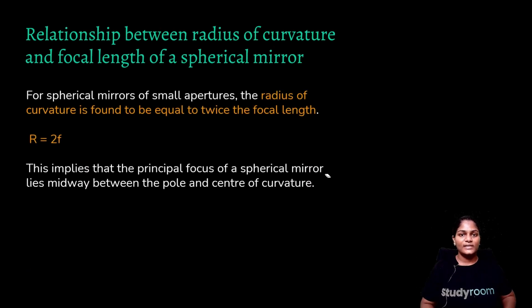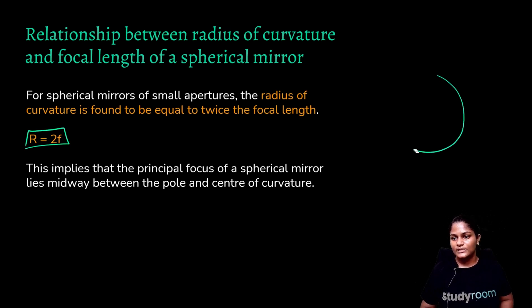Now, this is a very important and simple relation that you have to remember between the radius of curvature and the focus. Say that this is the sphere and this is the radius of curvature of that sphere. The focus lies exactly at the midpoint.